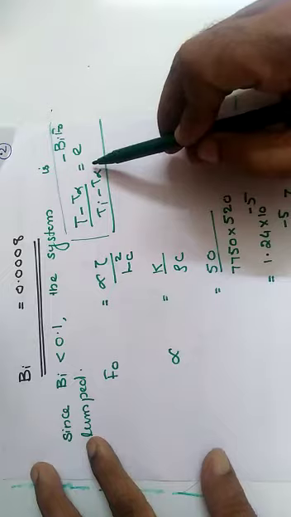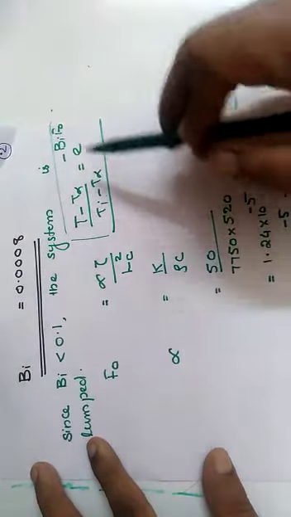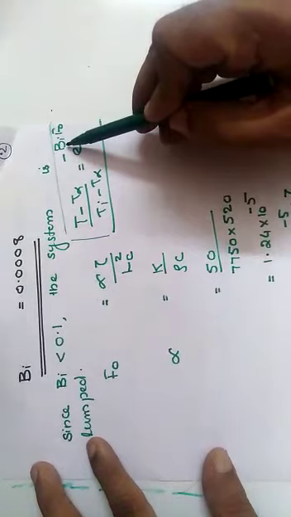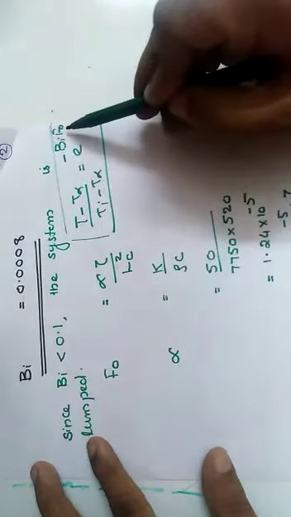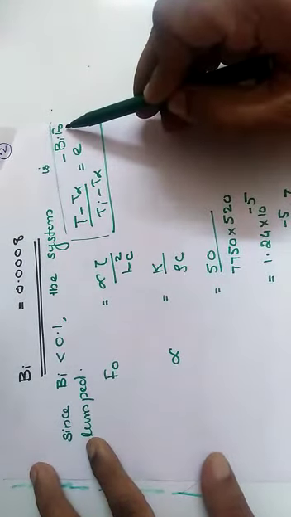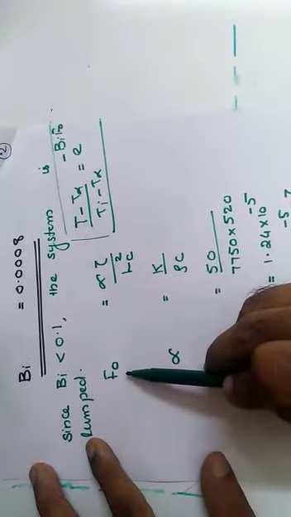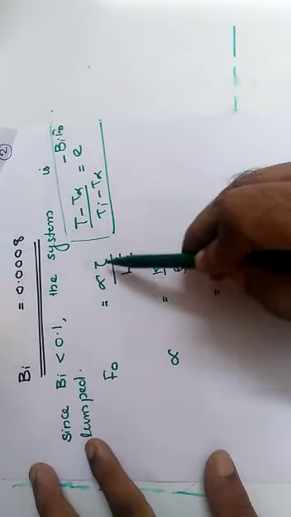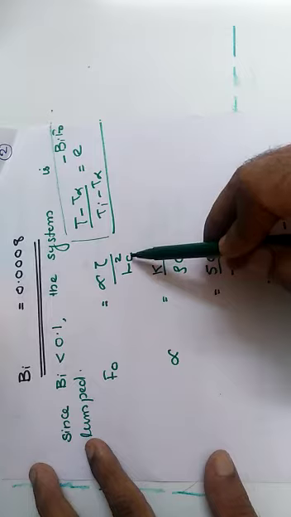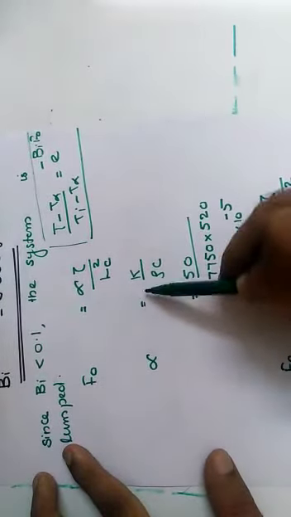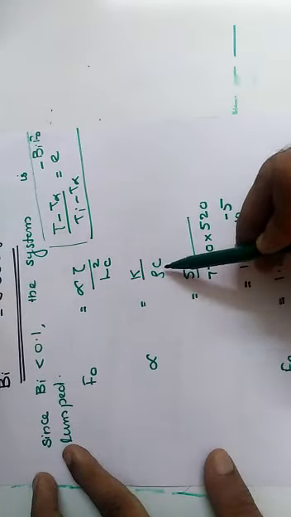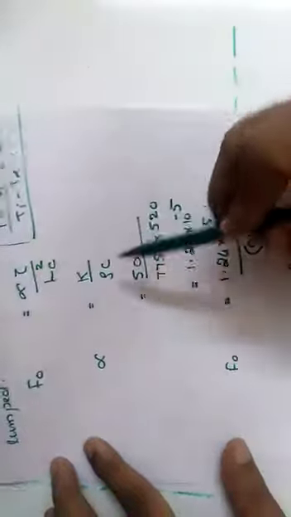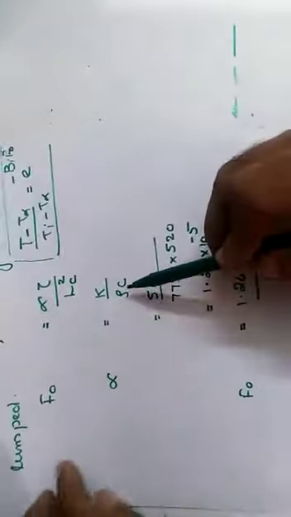In order to work out this problem with the help of this governing equation, we need the value of Bi, which is already calculated. Again we need the Fourier number Fo. The Fourier number Fo equal to alpha into tau divided by Lc square. Alpha equal to k by rho into C. The value of the thermal conductivity is known, rho is known.